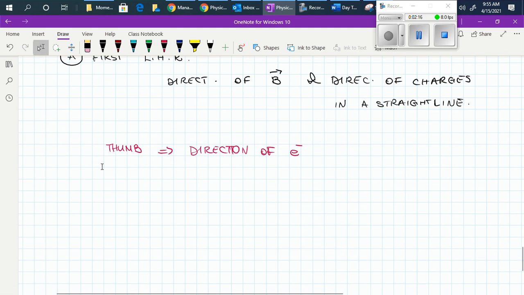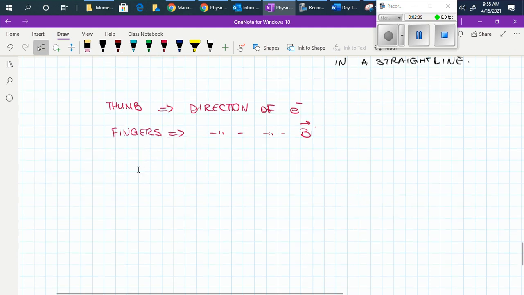And the fingers curling around the direction of the electron flow are telling us the direction of magnetic field strength.